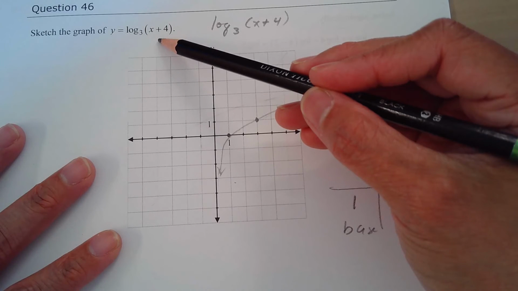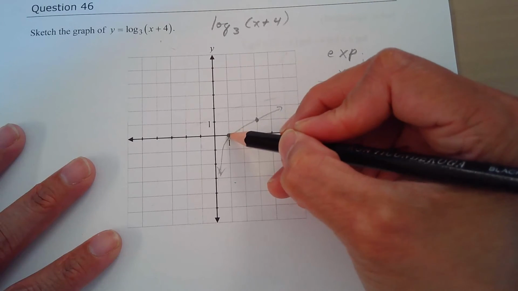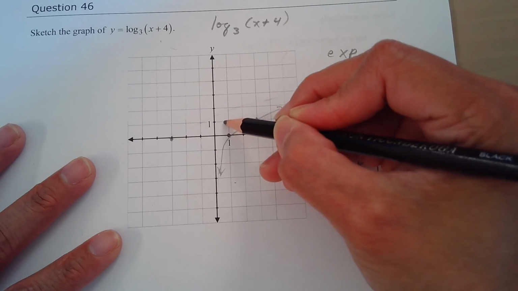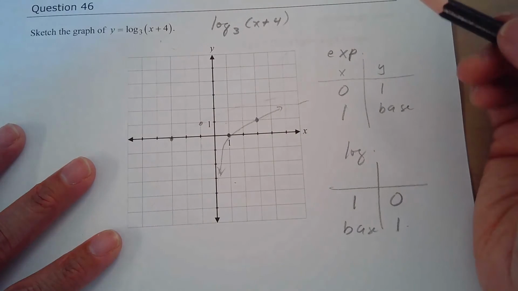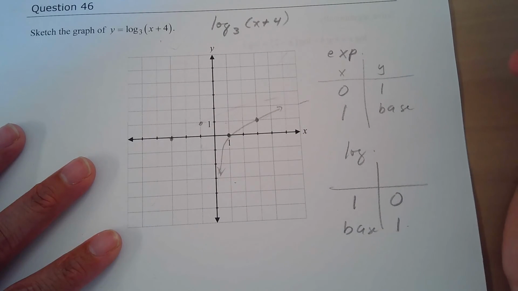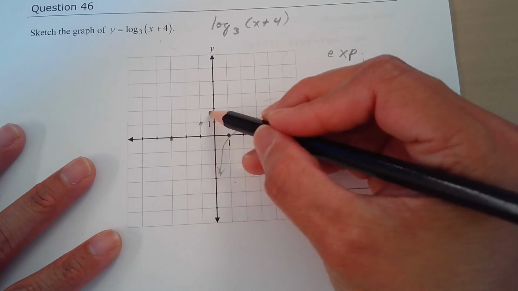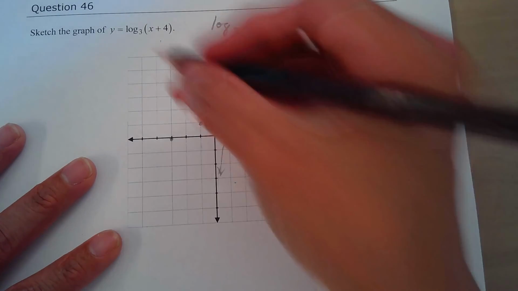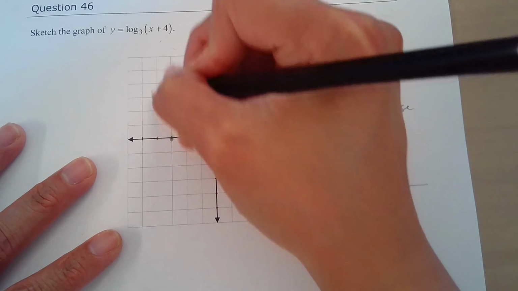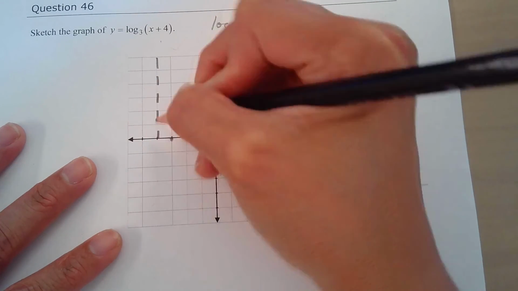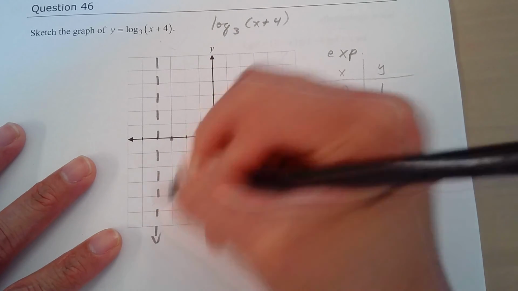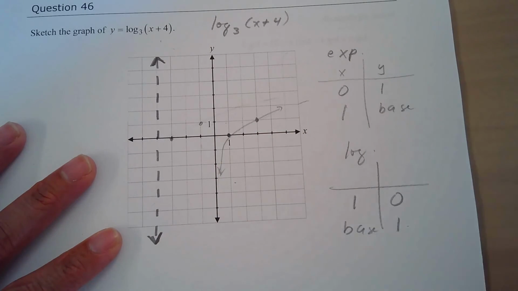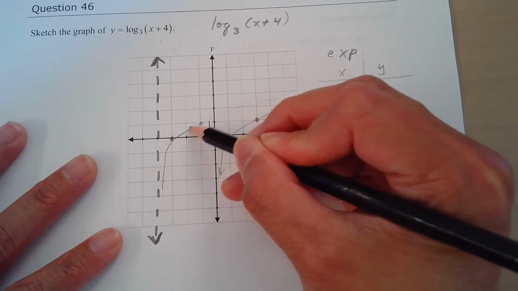Shift 4 where? Left 4. So everything is 4 left. 1, 2, 3, 4. Where's your asymptote? We can't just do this. We have to make sure our asymptotes also tag along. So it's going to be at negative 4. Draw your asymptote and make sure there's an arrow. And then there's your graph, going like that.